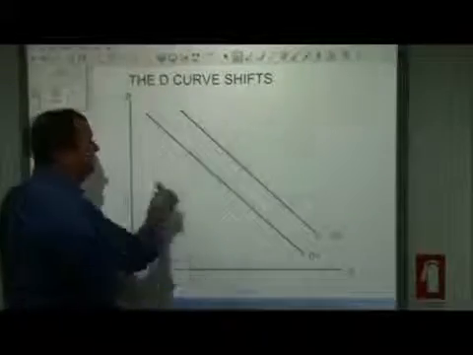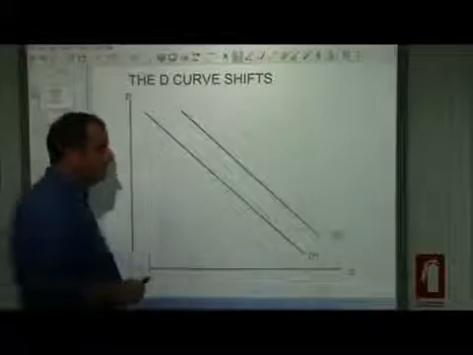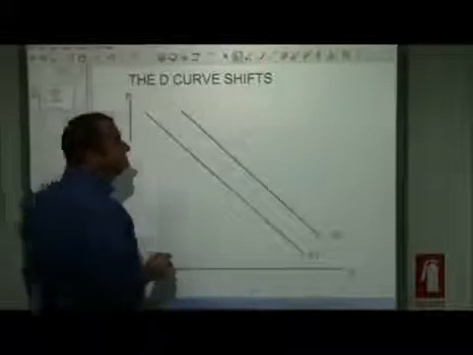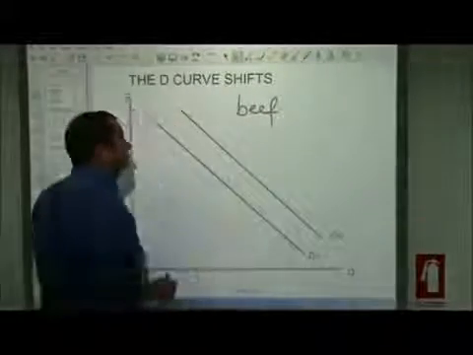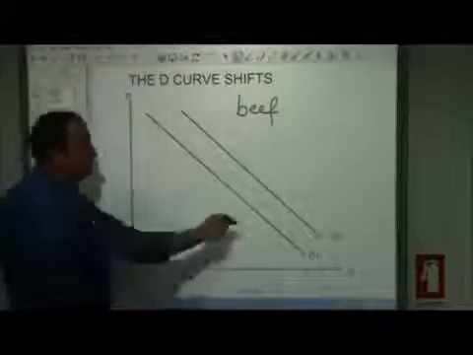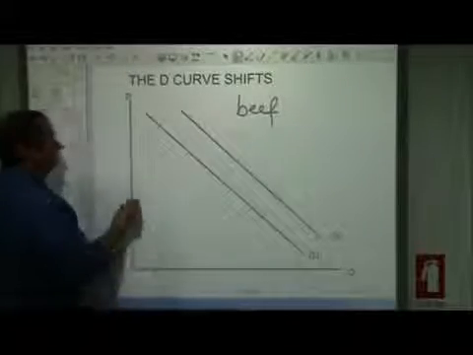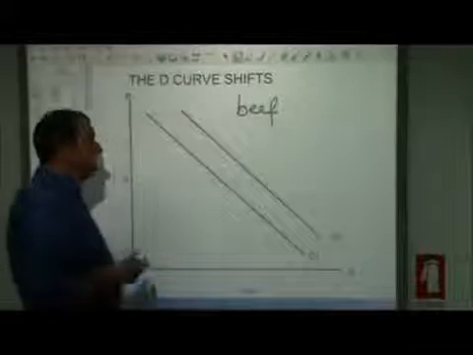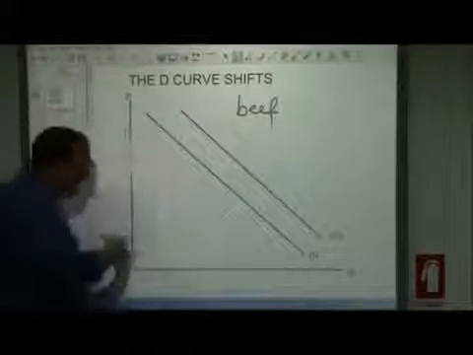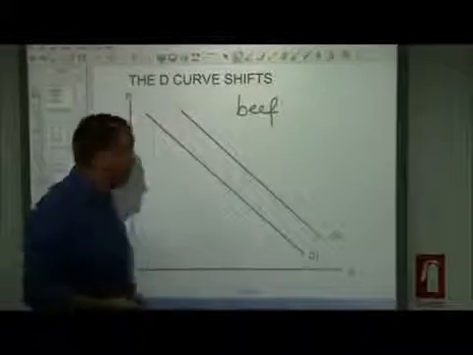I'm showing here an outward shift of the demand curve. Let's say that this is the market for beef. And look at demand curve 1. All the points on demand curve 1 are telling us about various prices of beef, how much beef would be demanded.